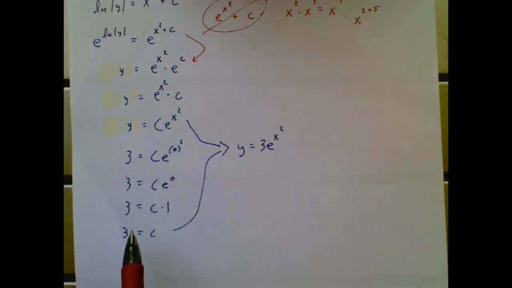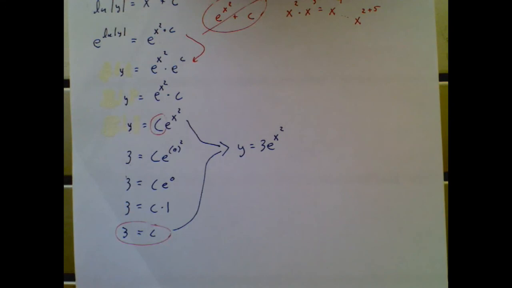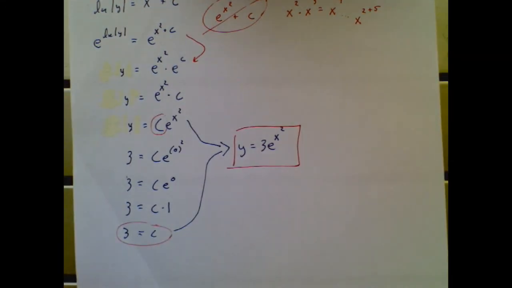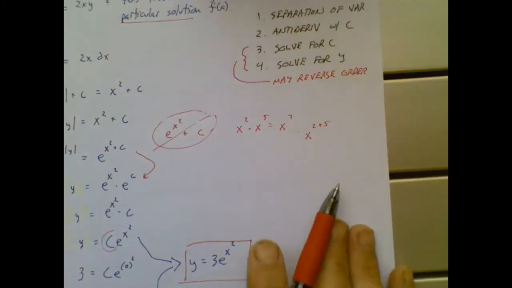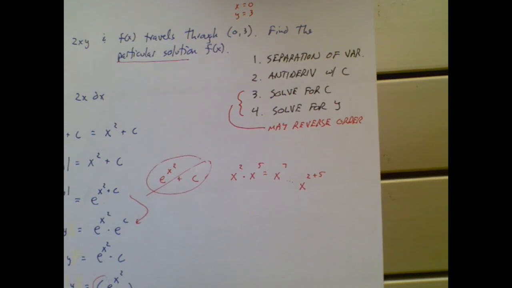So I take my c equals 3, plug it back up there, and now I have the particular solution. That's my final answer. All right, differential equations. You must follow this procedure. If you do, it's just a tangled mess of calculus antiderivatives and some good old-fashioned algebra.